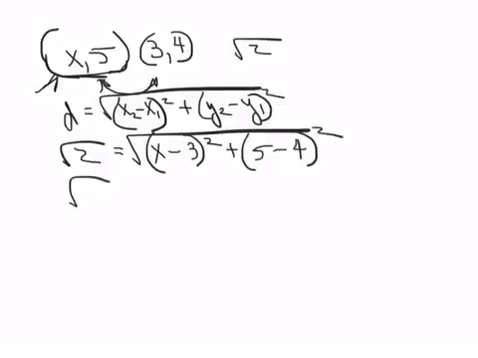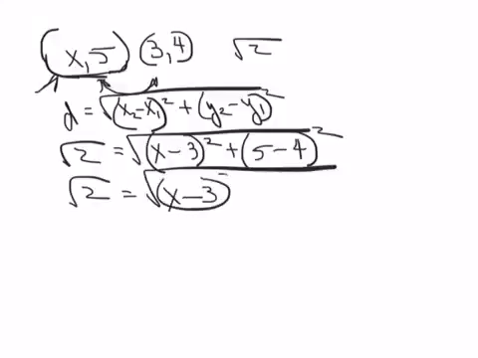I'm just going to leave that first part alone for right now. Or, in fact, I can just get rid of this 2 because 1 times 1 is 1. Okay, so I get that.